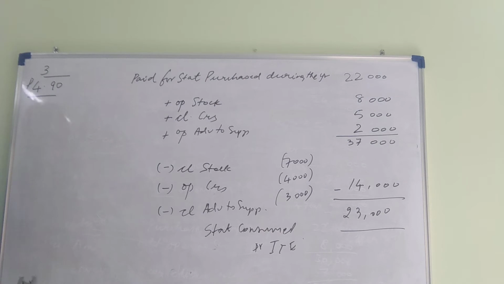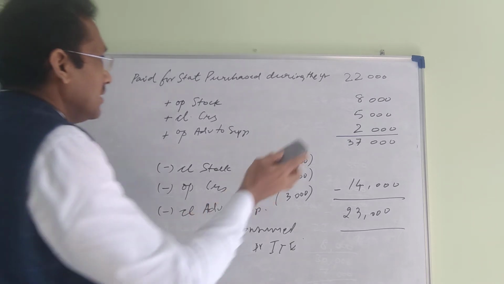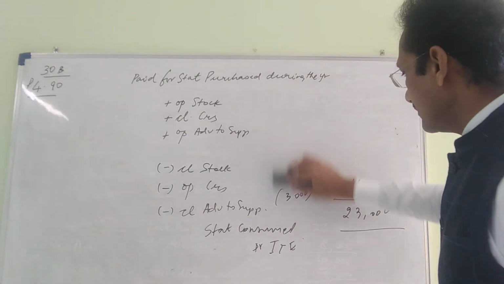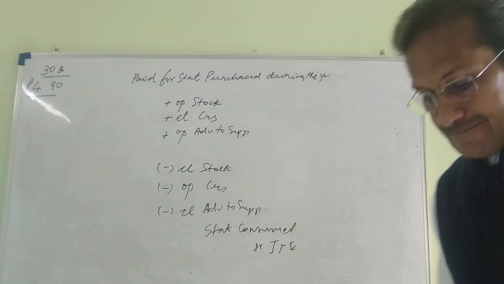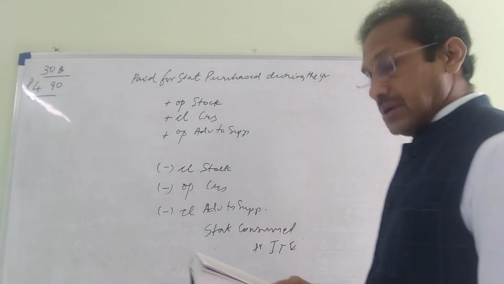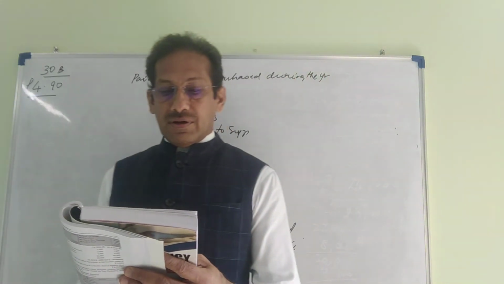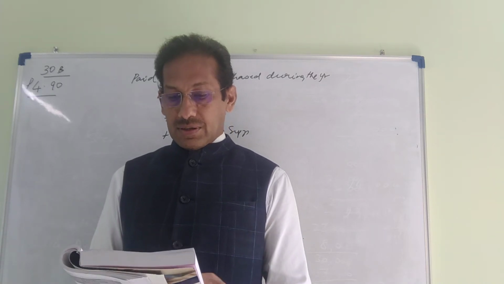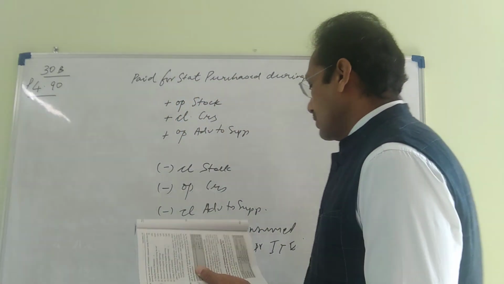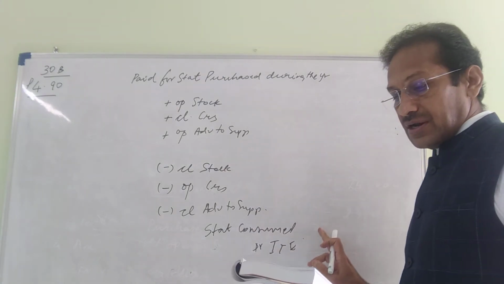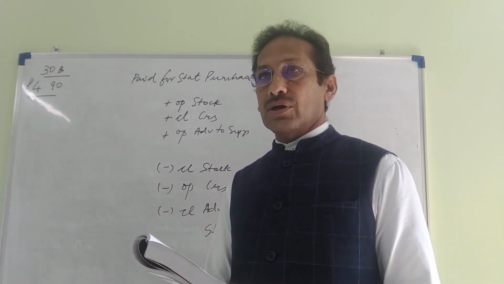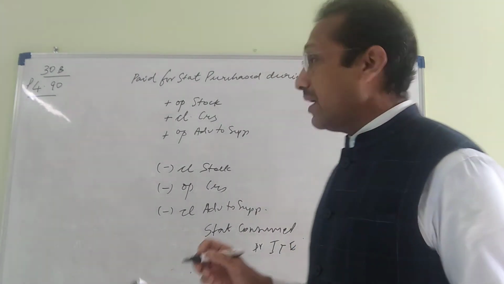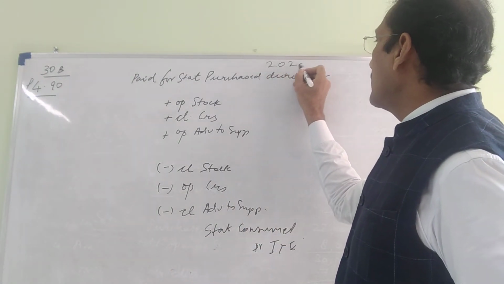Next question is 30B. Let us do it in both the methods. Now compute the amount of sports material consumed during the year ending March 2020.